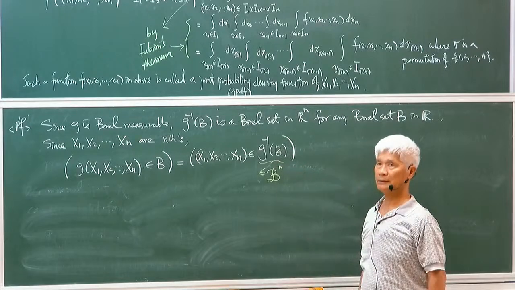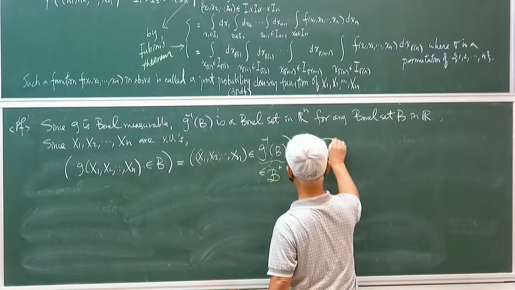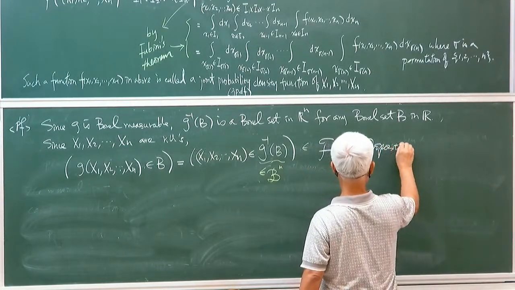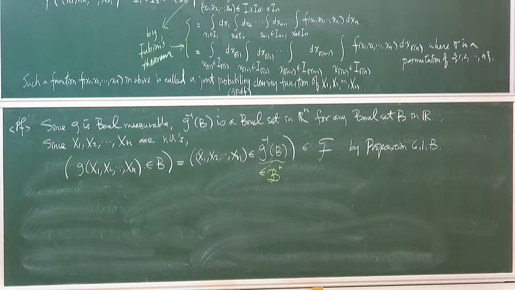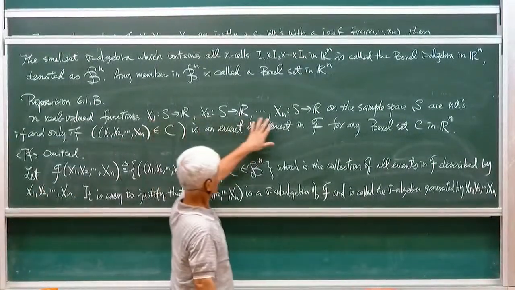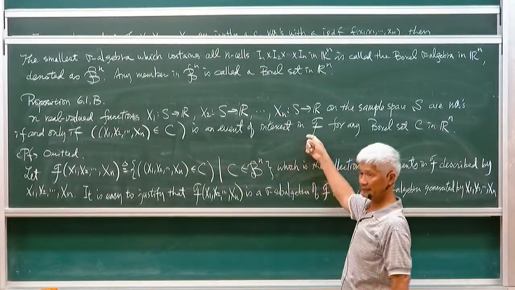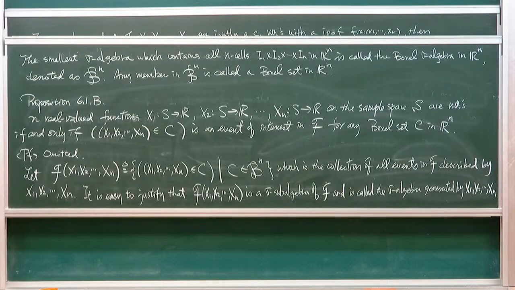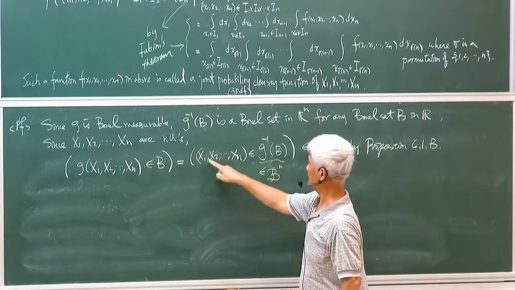And so this is in F, by proposition 6.1.b, which says that x1, x2, xn are random variables if and only if this is an event of interest in F when C is an n-dimensional Borel set.